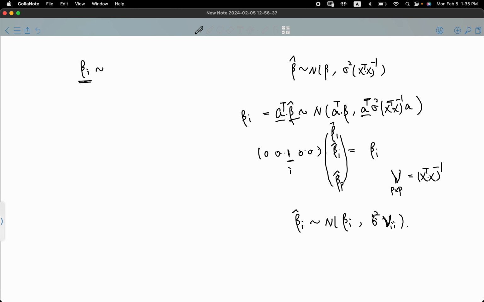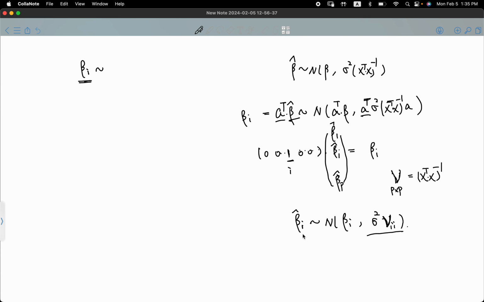Okay, and this is referring to the variance-covariance matrix. So when we take the product of the vector A, left and right multiply, we are extracting only the ith element of this particular matrix here. So I'm going to use V to represent it.